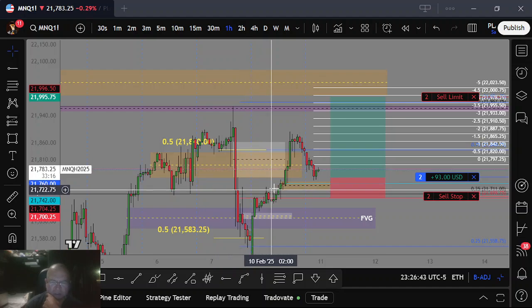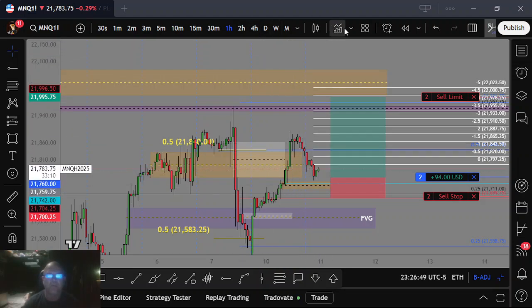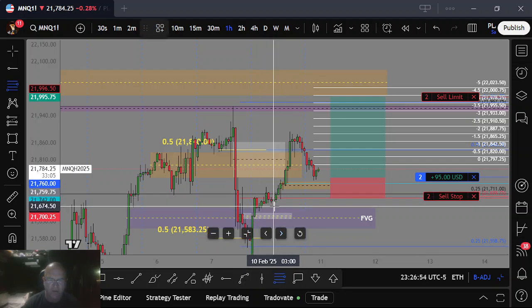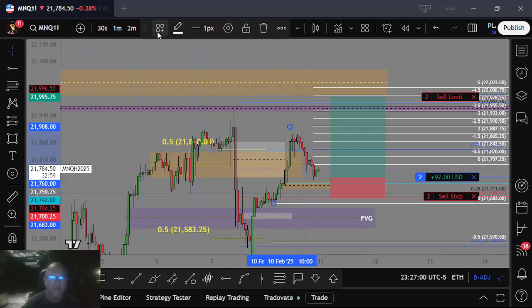Now, we've obviously had our market structure shift on the 1 hour. If we draw a fib from this low to this high, 62 retrace.